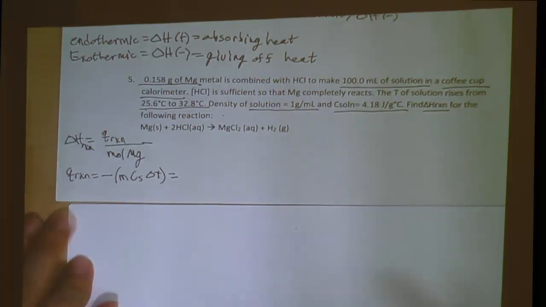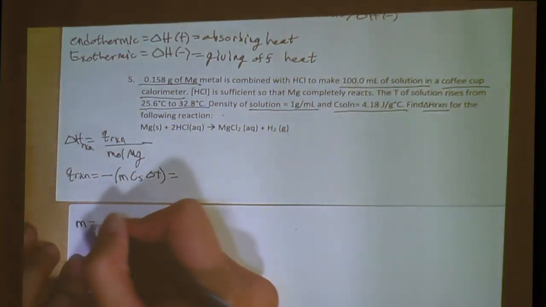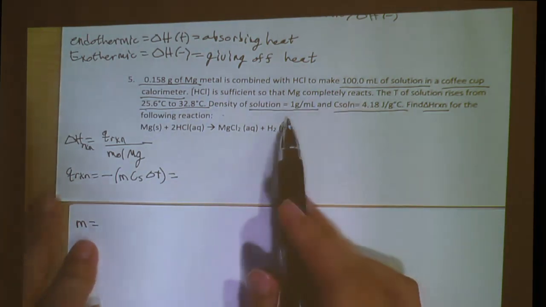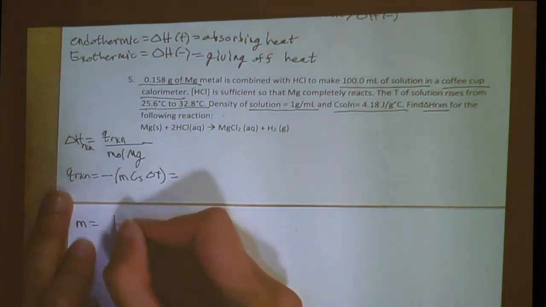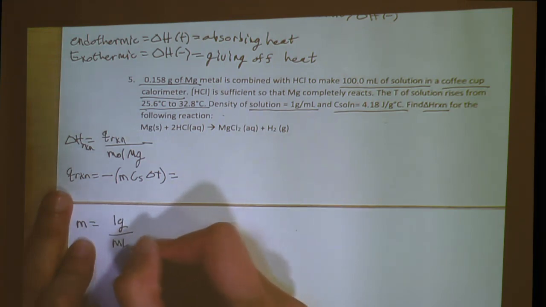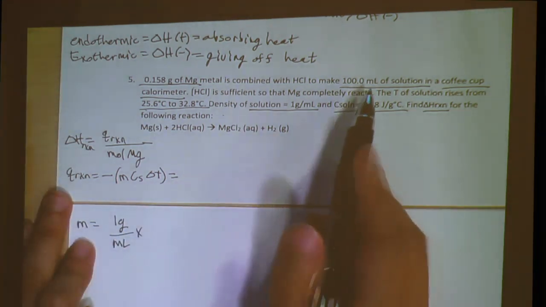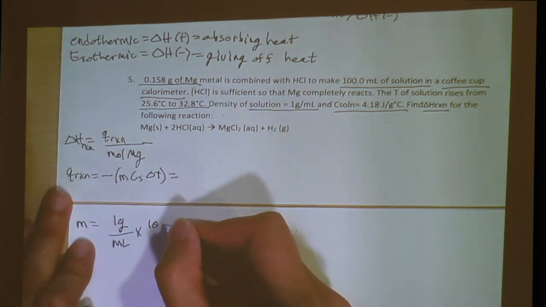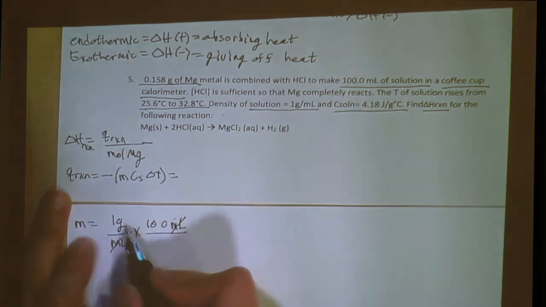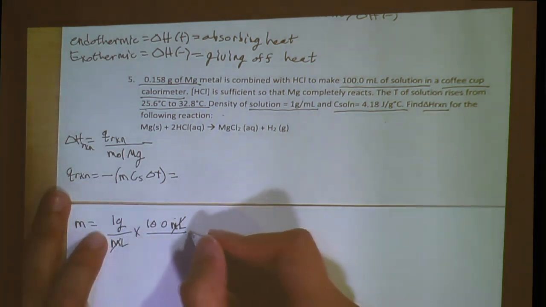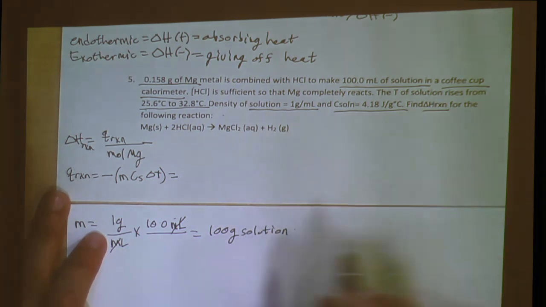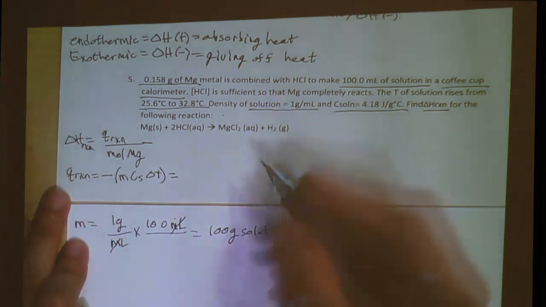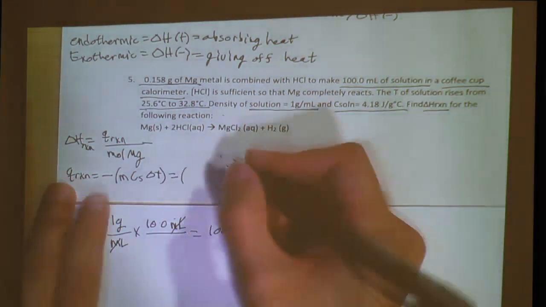So we're going to find M. We can take our density, which is 1 gram over milliliter, and multiply it by the volume of solution, which is 100 milliliters. So our units cancel, and now we're in grams of solution. So this is 100 grams of solution. Where there's a will, there's a way. We could get to our grams.